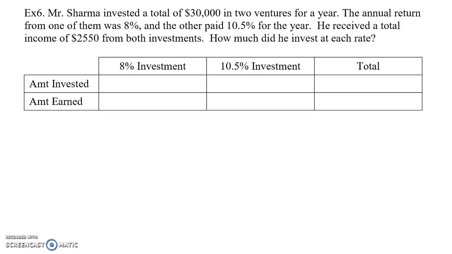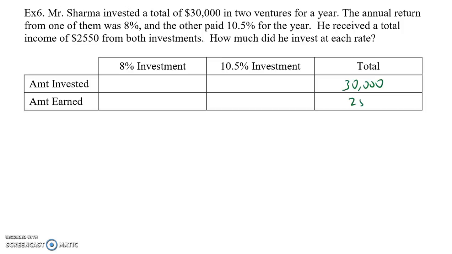Now, looking at our table, it's very helpful to have a table like this in setting up your equations. We know that he invested a total of $30,000. So I'll put that there. We also know that the total income earned was $2,550.